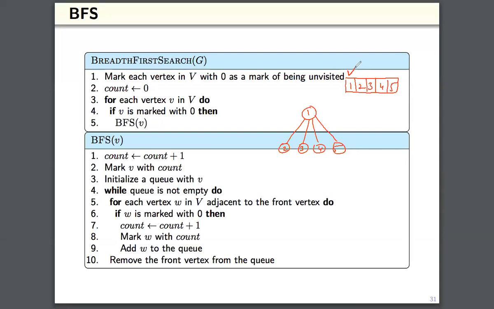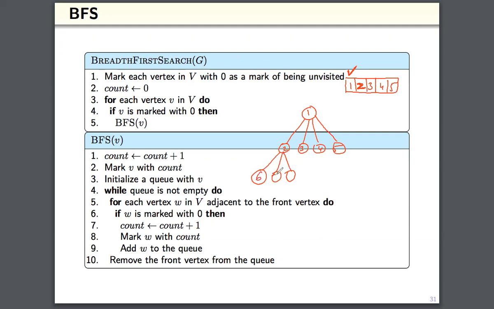So when I add a tick mark here, it means we have visited it and removed it from the queue, okay? Next, we visit 2 here because 2 is at the front of the queue. We pop it and insert all the child nodes of 2 into the queue.